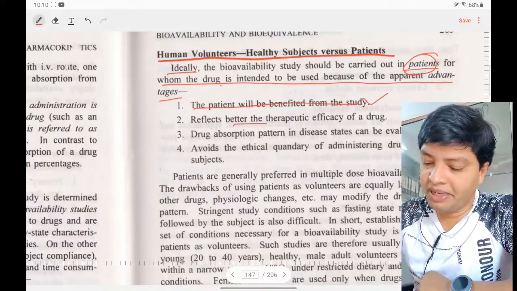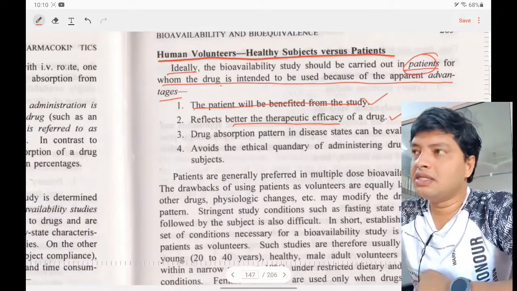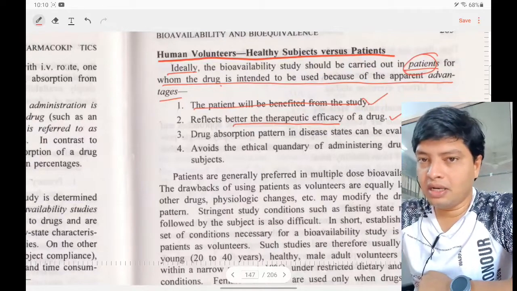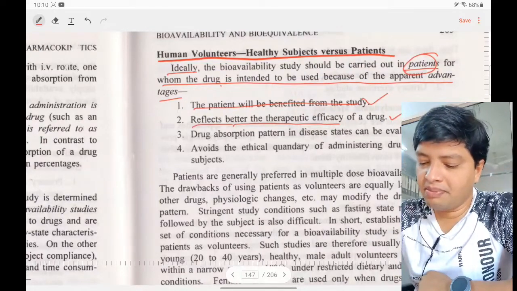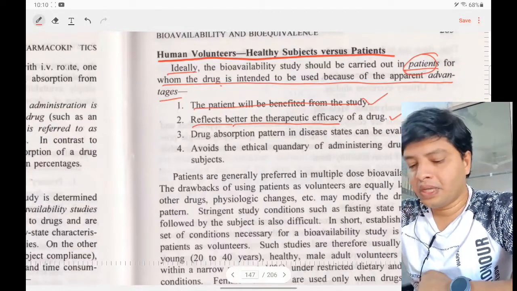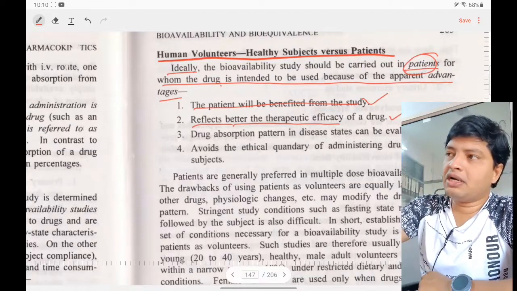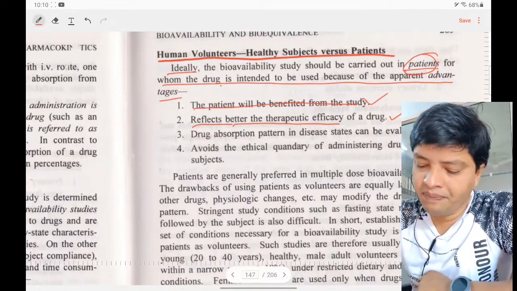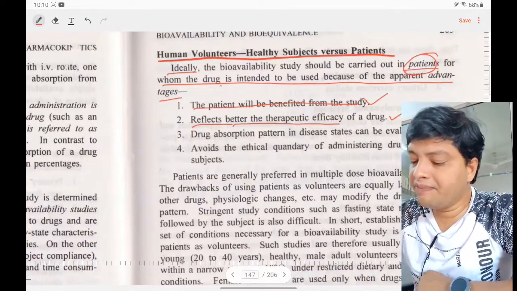Second, it reflects better therapeutic efficacy of the drug, because the disease is there in the patient, so you can check the therapeutic efficacy. Third point, drug absorption pattern in the disease state can be evaluated.